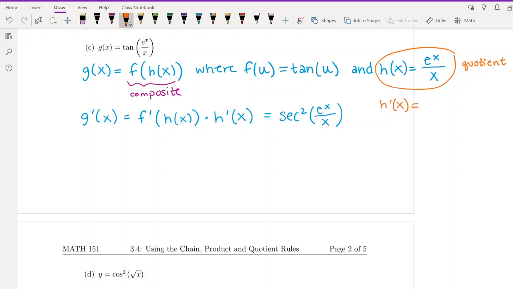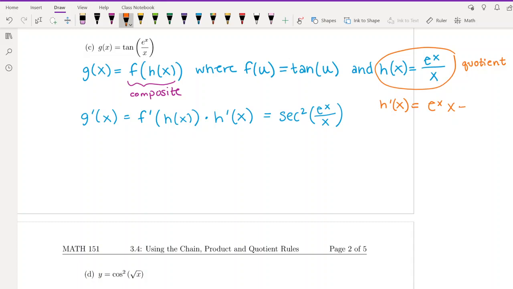Well, if we apply the quotient rule, we're going to take the derivative of the top, which is e to the x. I'm not going to use the placeholder notation here because it's a simpler quotient. The placeholder notation is more useful when the functions are not so straightforward, where you can't quickly find the derivative of the numerator or denominator. So the derivative of the numerator is e to the x, and then we multiply that with the denominator.